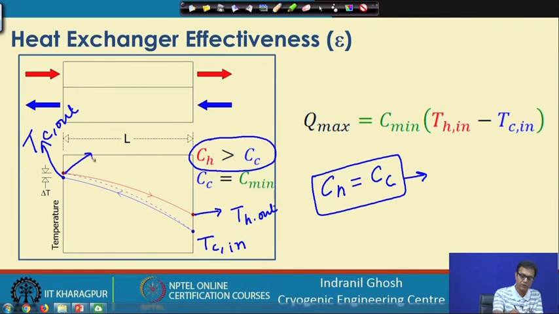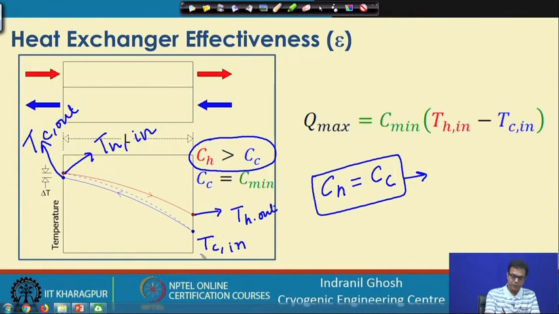this is T H in. Now, we will find that this cold fluid, being the minimum capacity fluid or the lean fluid, will experience the maximum temperature difference, like when someone is weak he has to suffer most.